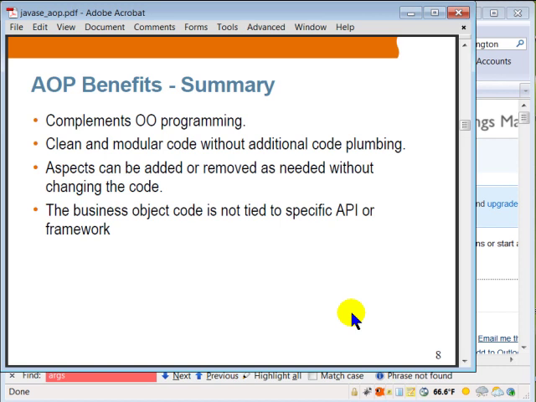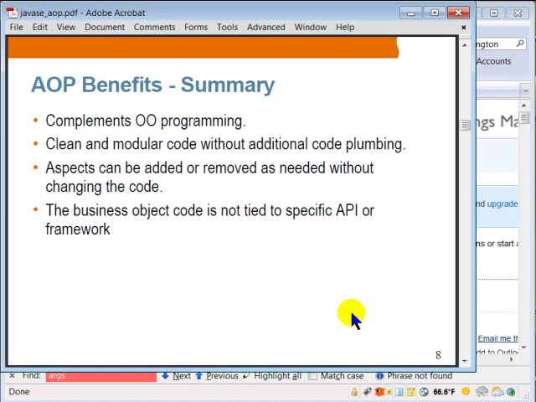It provides clean and modular code without additional code plumbing, which means you don't have to change existing code to take advantage of AOP. Aspects can be added or removed as needed without changing code. And the business logic is not tied to any specific API or framework, so you can add AOP on top of whatever existing code, and your existing code does not have to be tied to a particular API or framework.